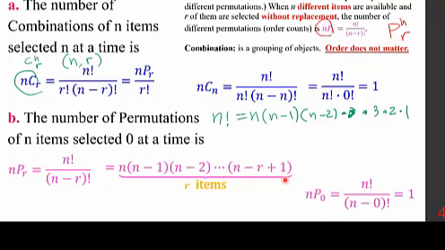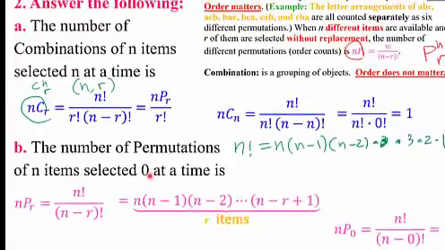So nP0 is n factorial over n minus 0 factorial. I'm using this formula, I'm just replacing the r with 0. And obviously the denominator is n factorial. They cancel each other. We end up with 1. Here's the proof that the number of permutations of n items, when we select 0, the answer is 1.